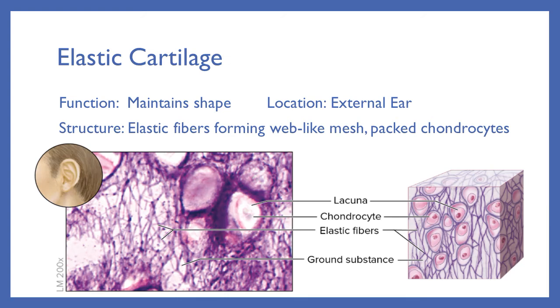Elastic cartilage doesn't have to be as strong. It's not going to be weight-bearing of your entire upper body. Instead, we're going to find this in our external ear. Elastic cartilage helps maintain shape, and it's full of elastic fibers forming a web-like mesh with some chondrocytes packed in there.